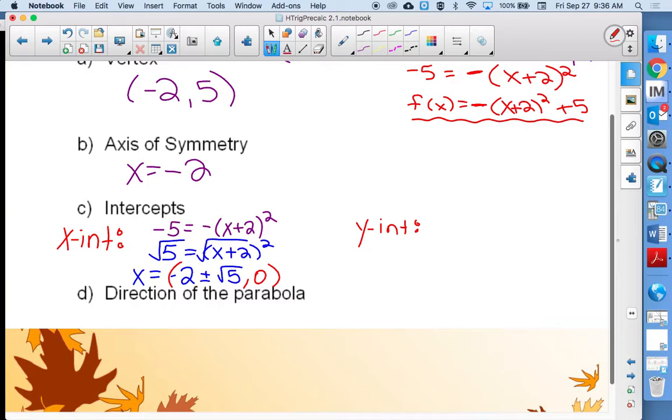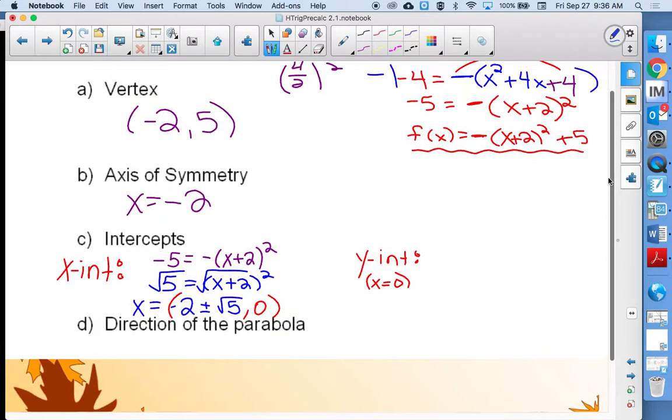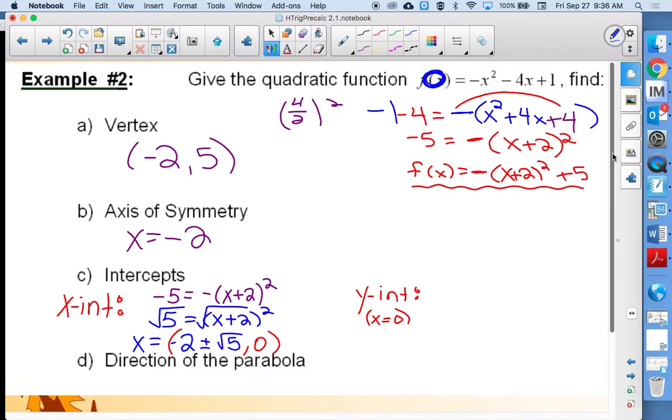So Josh was kind enough to remind me that I skipped the y-intercept because there are 2 types of intercepts, not just x, but there's also y. And we find a y-intercept by letting x equal 0. Without doing any work, where could you find a y-intercept? No work. I don't want you to do any work. The starting problem.